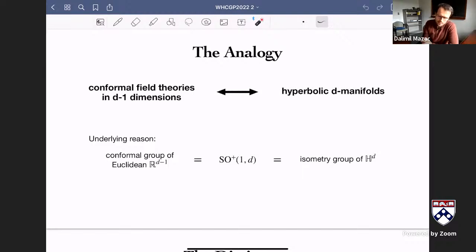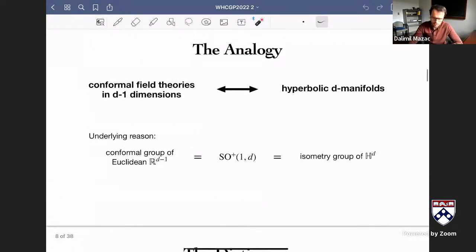On one hand, SO(1,d) is the group of conformal transformations in Euclidean R^(d-1), which is why it's relevant for CFTs in d-1 dimensions. On the other hand, it's the isometry group of hyperbolic d-space. So this is a very, very simple reason, and I'll put some flesh on this analogy.